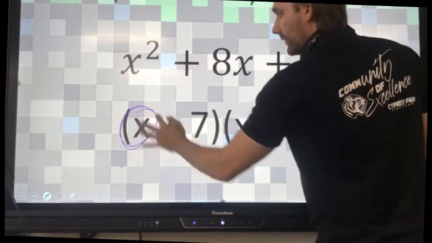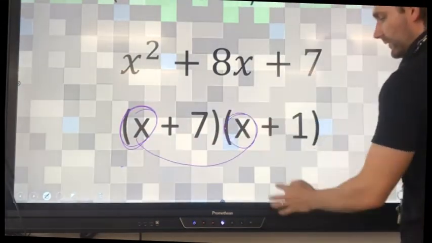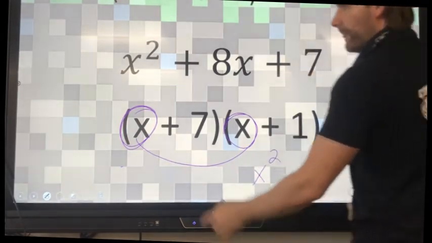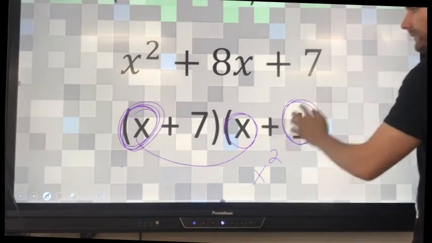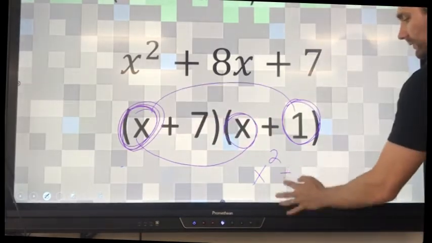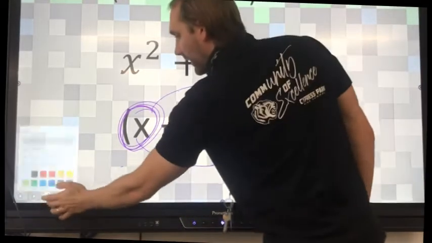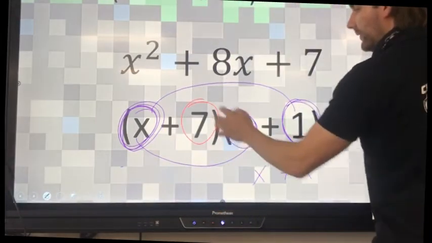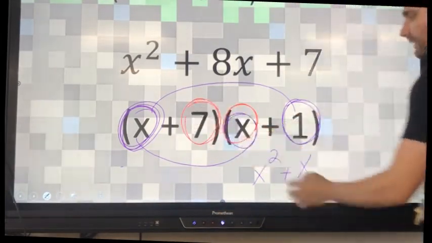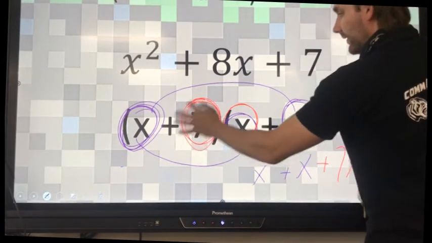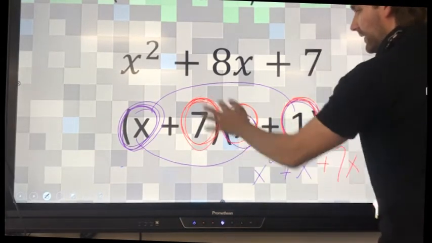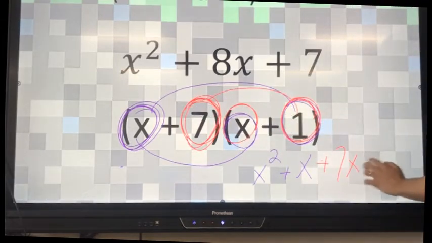So first: x times the first x gives me x squared. O, outside: this x and the outside 1, x times 1 is x. And then I stands for the inside numbers, 7 and x. 7 times x is 7x. And then the L is the last: 7 times 1 is 7.